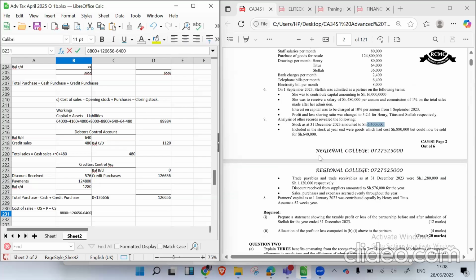We want to adjust something. Hapa nasema could only be sold for 640. Yes. So 6,400 you should subtract. Actually you can do 6,400 minus tutoe hiyo 880 alafu to add 640.